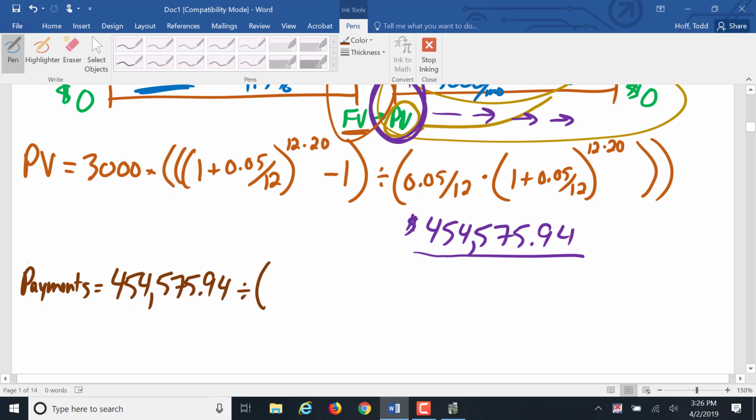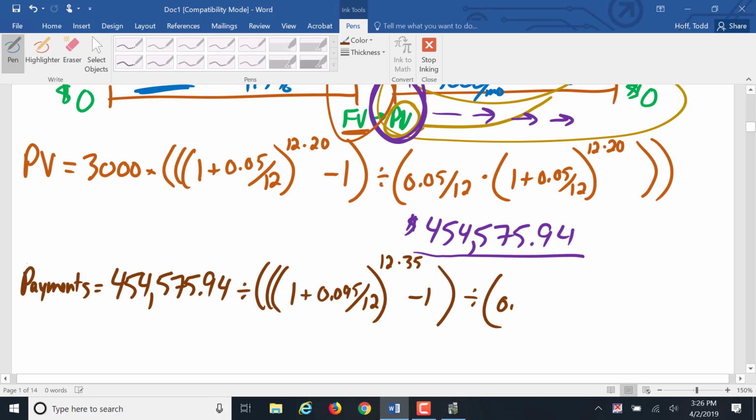So it's the 454,575.94 divided by, open, 1 plus, now we're going to be getting 9.5%, so 0.095 divided by 12, to the power of 12 times, that was for 35 years, minus 1, close parentheses, divided by, open, 0.095 divided by 12, close and close. Now remember, we don't need that extra term during the accumulation phase.